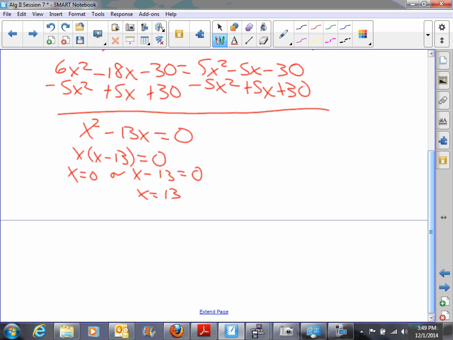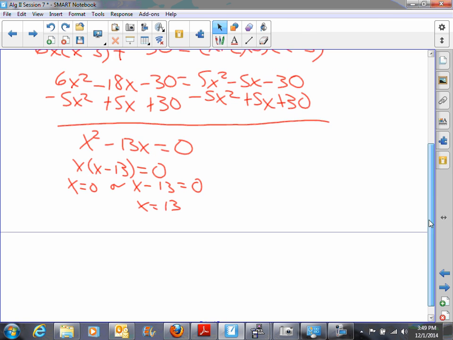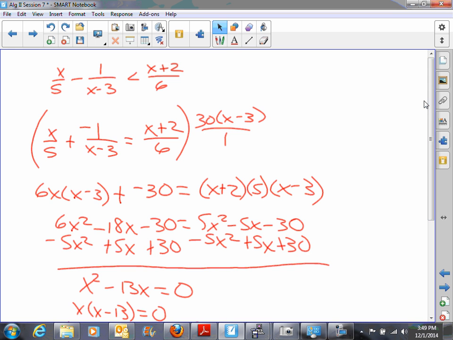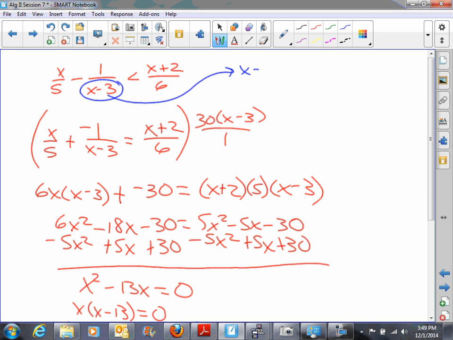Now there's one other thing that we do have to look at here. If we go back to the original inequality, this denominator is going to be 0 when x minus 3 is 0. So x minus 3 cannot be 0, so x is not equal to 3. Those are the values that we're going to take a look at on the number line.